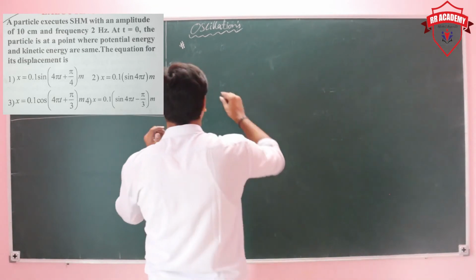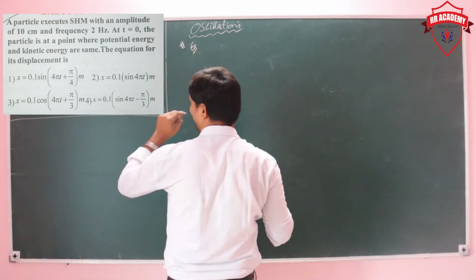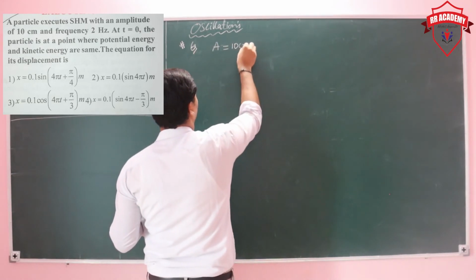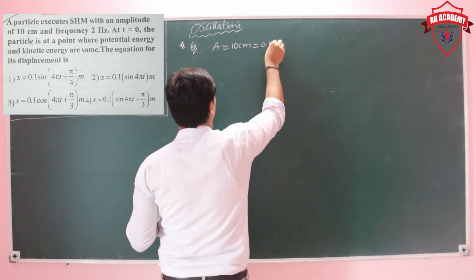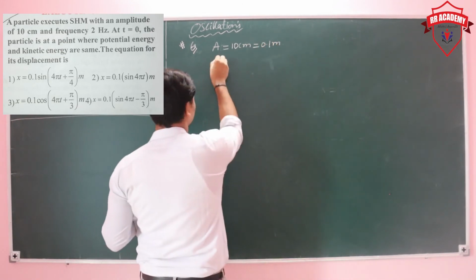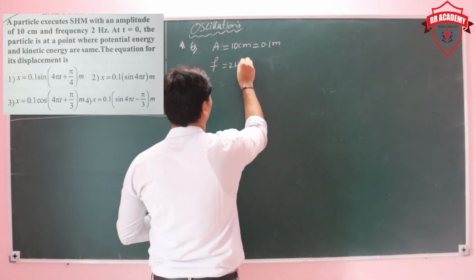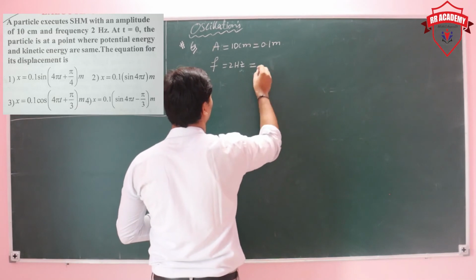See here, problem number 6. What we have? Amplitude we have 10 centimeters, means you can write 0.1 meter. Frequency we have 2 Hz.